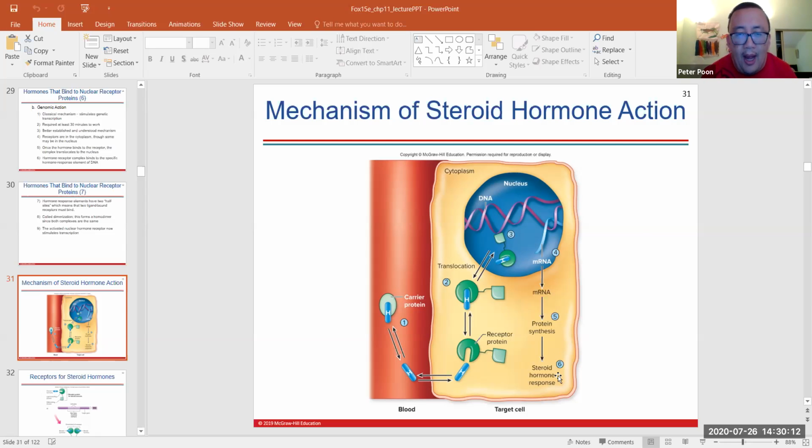What happens is they cross the cell membrane, because they're lipophilic. They bind to the receptor either on the nuclear membrane, or in this case right here in the cytoplasm.